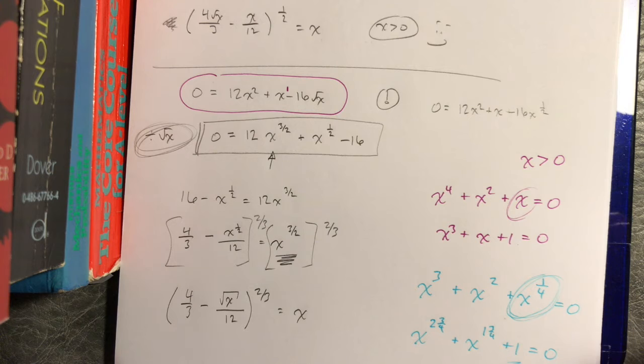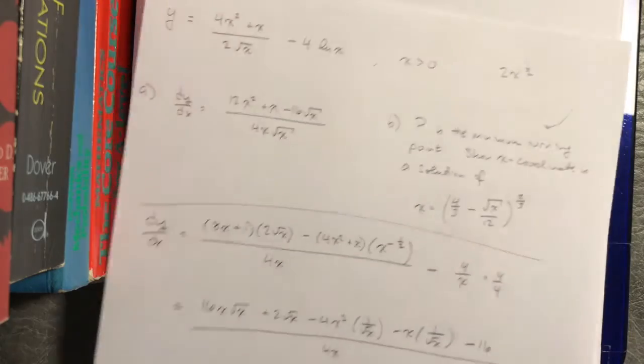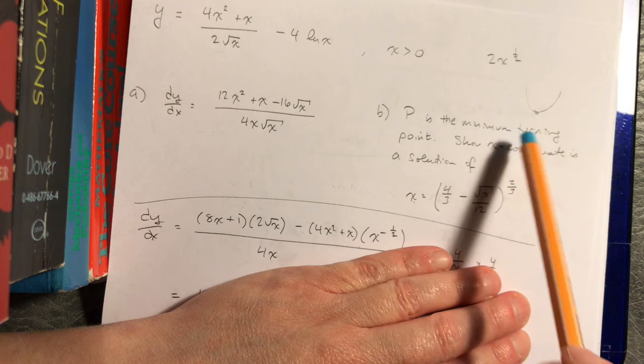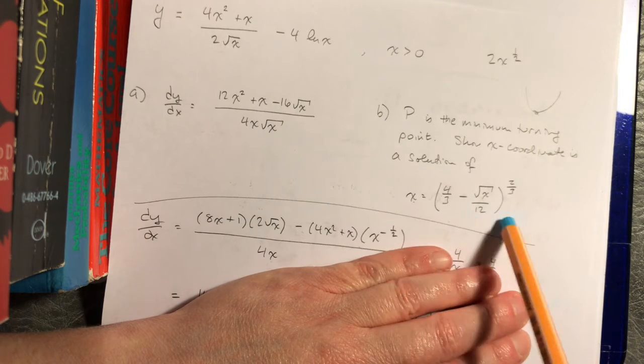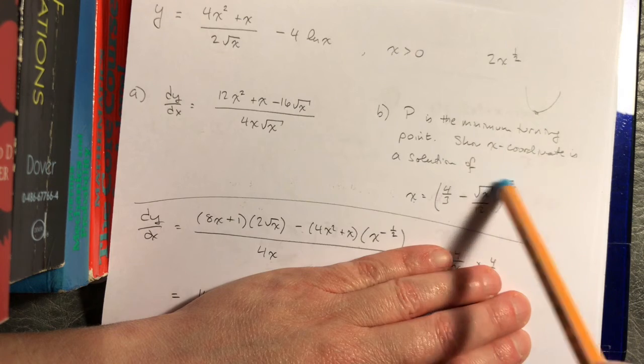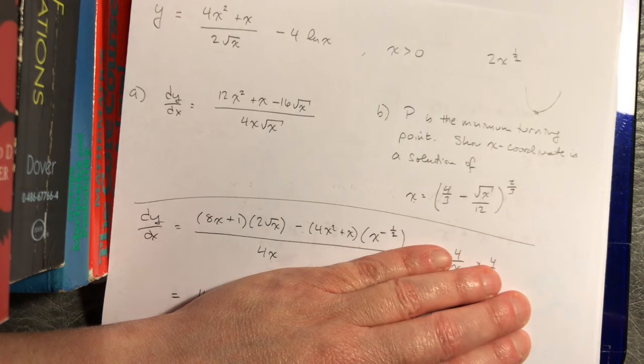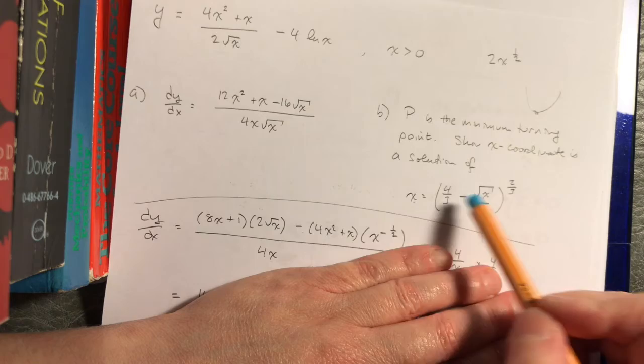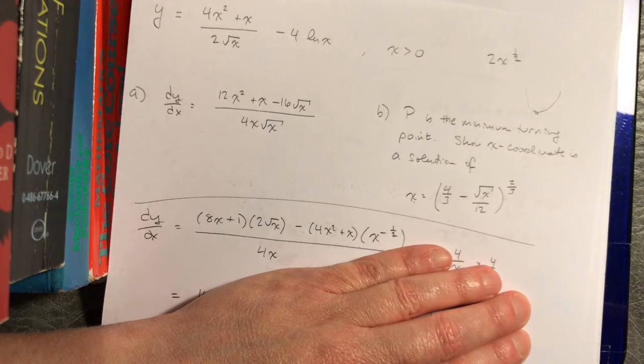Another thing you could have done, as I said to my student afterwards, is if the question says show that you can get that expression, well, you could take that and start working backwards. So raise both sides to the 3/2 power.